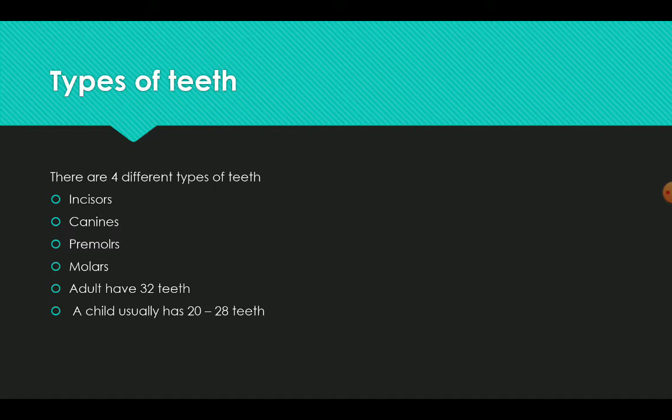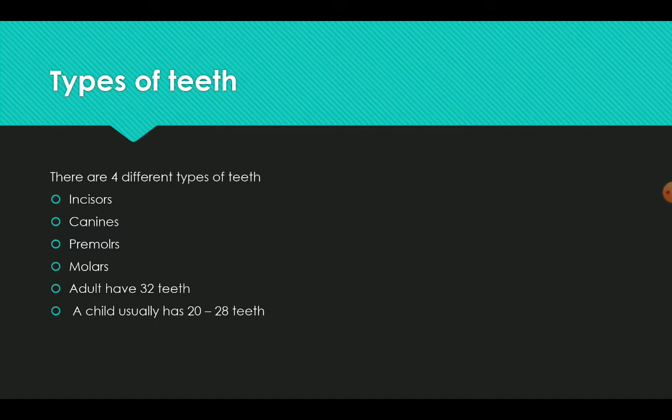However, the teeth start falling out by the age of 5 to 6 years and get replaced with the permanent teeth by about 12 to 13 years of age. An adult human normally has 32 teeth in all. A child may have fewer, usually 28. So children have 20 to 28 teeth and adults have 32.